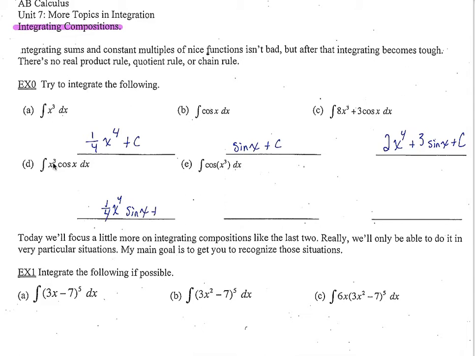So we might think that would work for us. But then if we were to take this and find its derivative, we would end up needing to do the product rule. So we'd have the derivative of the first times the second plus the derivative of the second times the first, and there's no way that that's going to end up looking like that. Right? So that doesn't work for us.